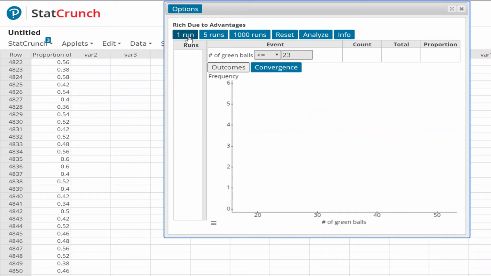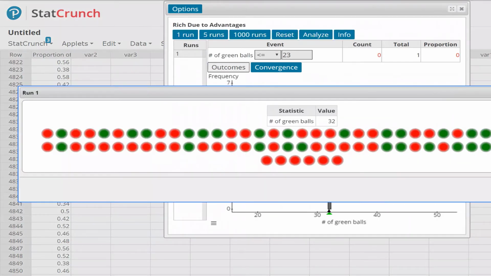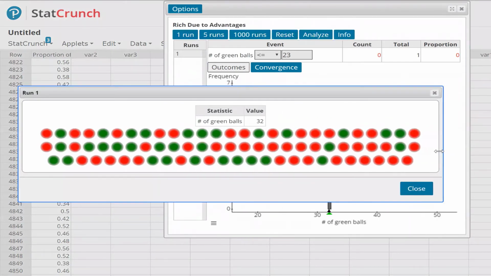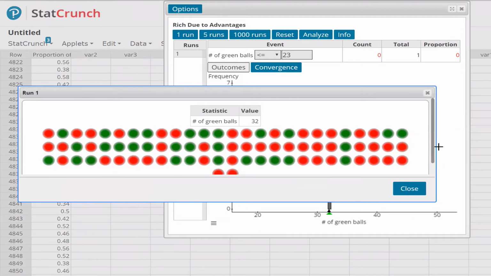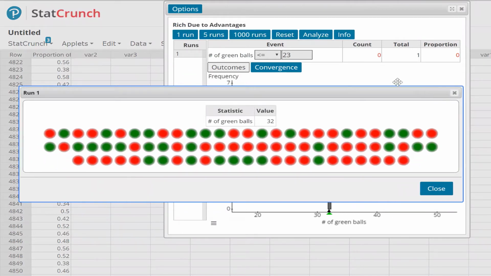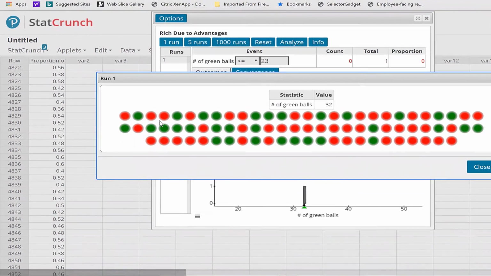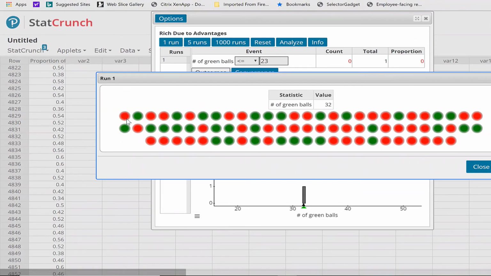So I go in and I'm going to randomly sample 80 balls and record the color. The color of the ball is simply their response to the question. So this first ball here, red, that person said, no, I don't believe the person is rich because they had advantages in life. This green ball says, yeah, I believe a person's rich because they had advantages in life, and so on and so forth.